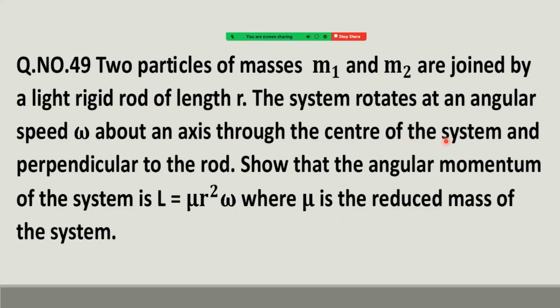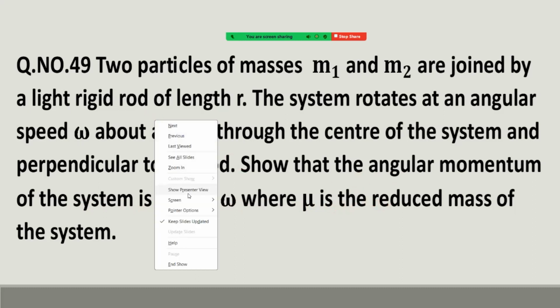Here the center of the system means the center of mass of the system, and the axis is perpendicular to the rod. Show that the angular momentum of the system is L equal to mu r square omega, where mu is the reduced mass of the system. Okay, let us see how to calculate.